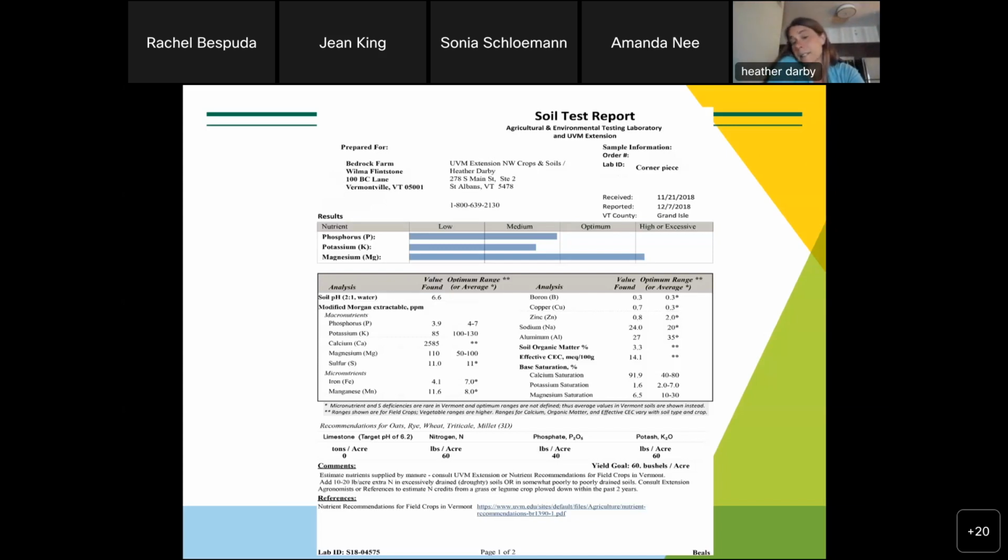And aluminum is an acid, and it's a strong acid. So if you have really high aluminum soils, you may also have very low pH, because aluminum is a very strong acid, so it tends to outcompete the bases. Okay. All right. So we will look at aluminum as well.